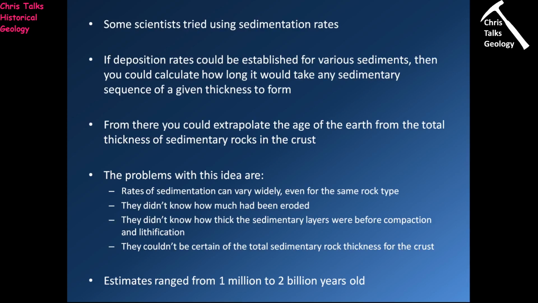So if you know that it takes 1 million years for a 1 meter thick layer of sandstone to form, and you have 5 of them, well, that sequence of rocks must constitute 5 million years of time. So if you can then calculate the time it would take for the entire sequence of sedimentary rocks to form, well, then you have an age for the earth, don't you? So it's a reasonably straightforward idea.